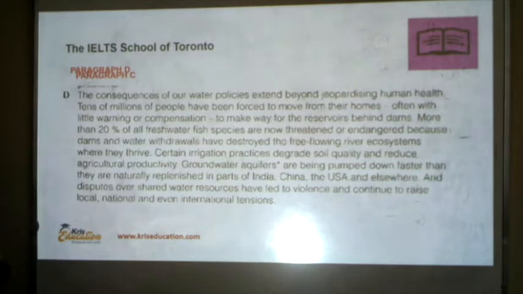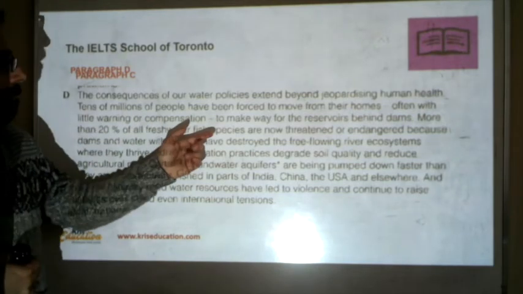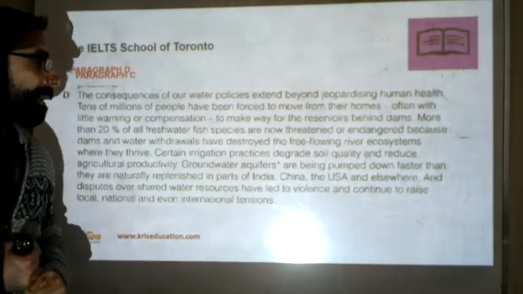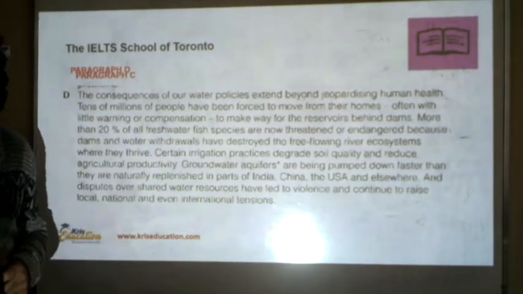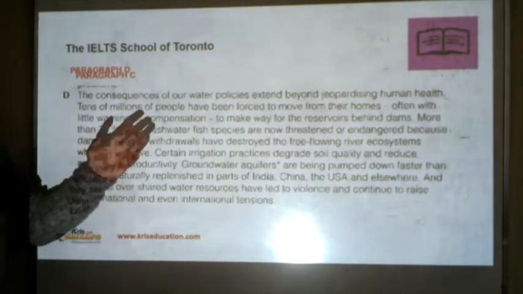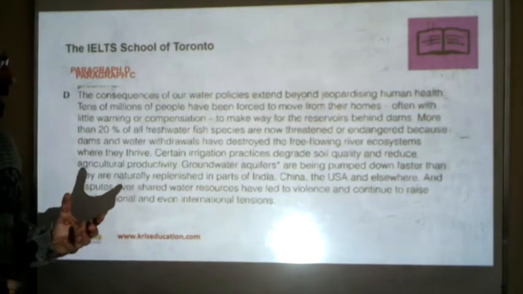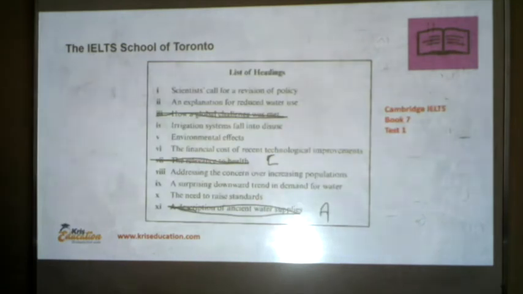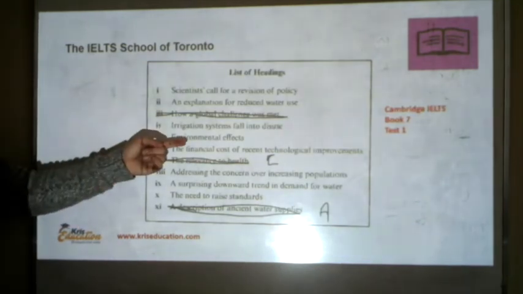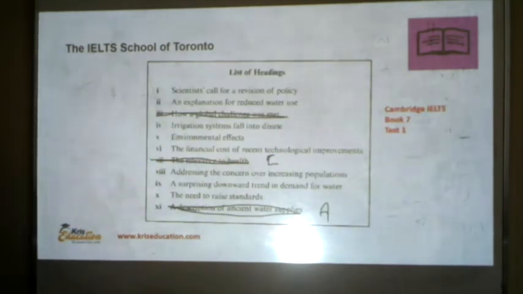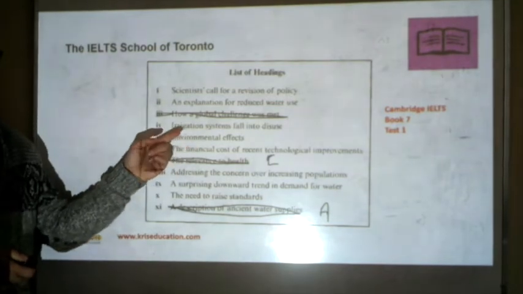So we've got words such as fish species, threatened, endangered, ecosystem, and so on. Where are these words typically used? These words are typically used when we talk about environment. That's why the right heading for this paragraph is environment.